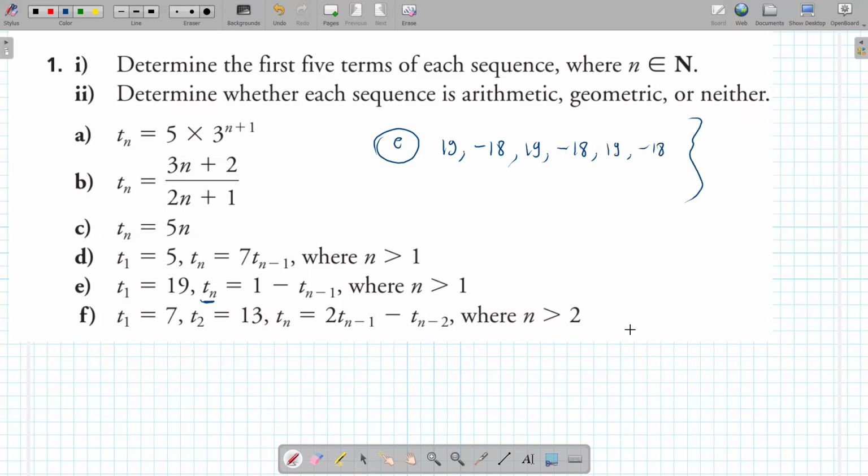What is this? Linear, exponential, arithmetic, geometric, or neither? Neither. Neither is correct.